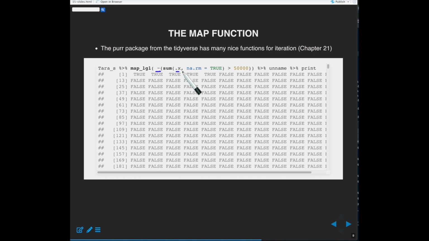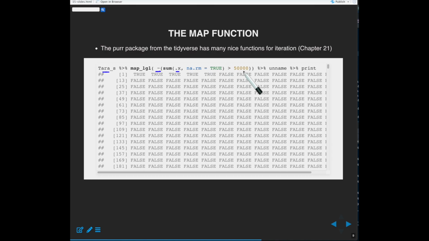That's the notation .x. Map logical takes data, that's .x, and the formula or function, that's .f. Here I'm explicitly saying pass tara s into this sum with the NA remove, and it'll return true if the number of counts is greater than 50,000.